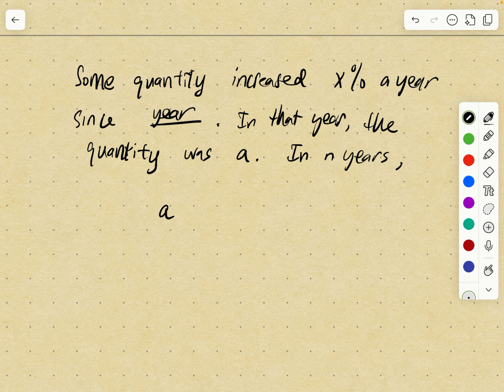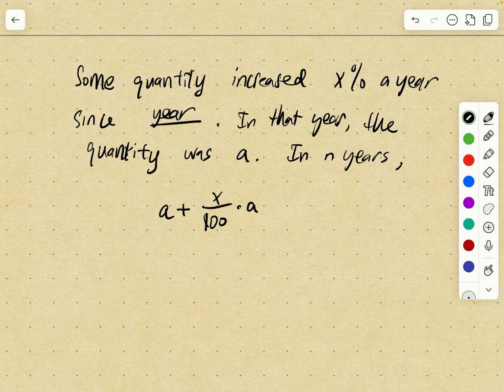Well, initially you have A, and then each year you multiply by X percent. So what you're doing is adding X percent of A, so X 100th times A.